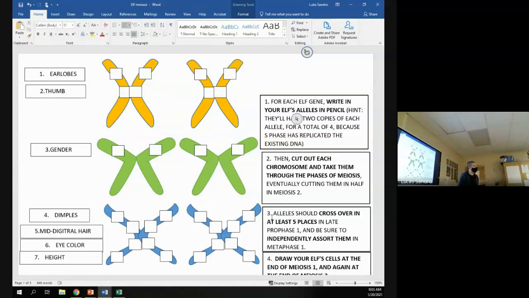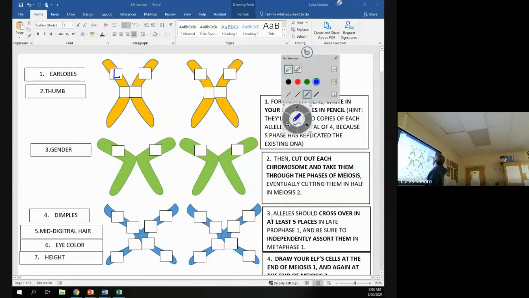You happen to have one of each if you're heterozygous. But notice there's 4 spots. There's 4 slots for earlobes. Here's how you do that. One of those chromosomes would have both big E's. So you'd put 2 big E's there and 2 little e's there.